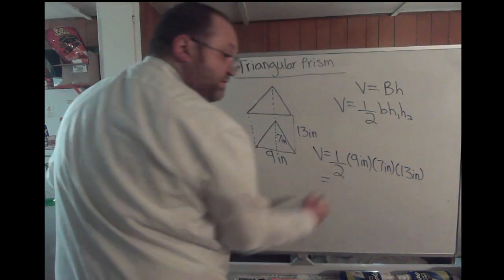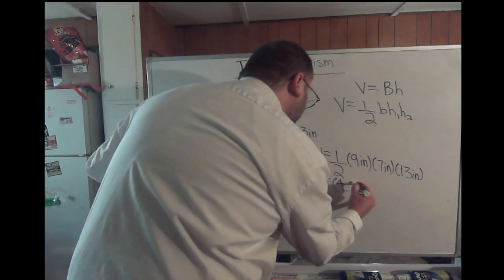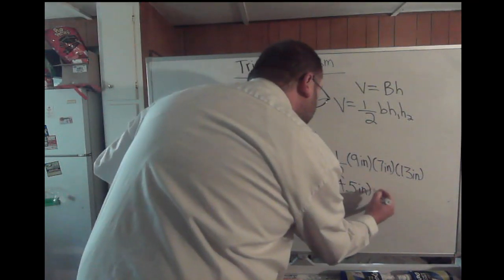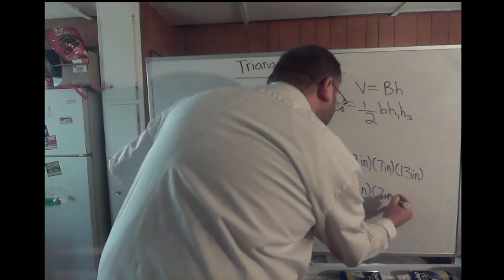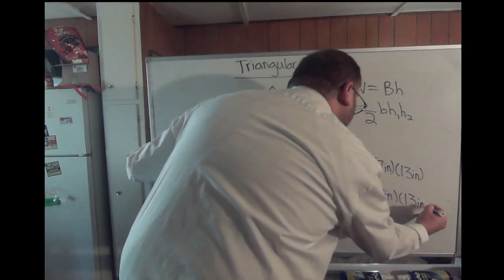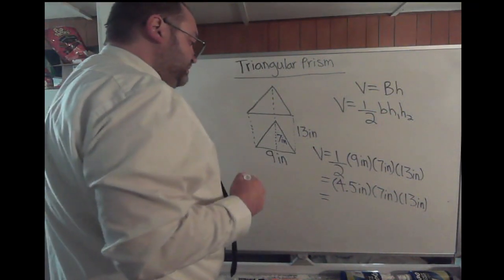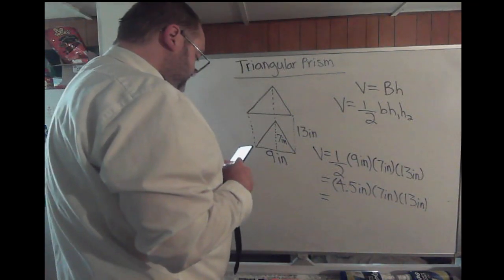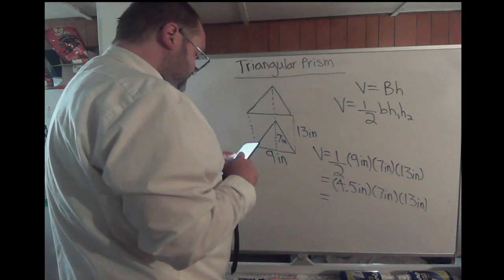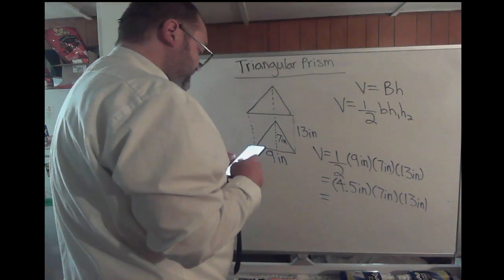Well, we know half of 9, that's 4.5. So we'll have 4.5 inches times 7 inches times 13 inches. Let's go ahead and do all that multiplication here. So 4.5 times 7 times 13.